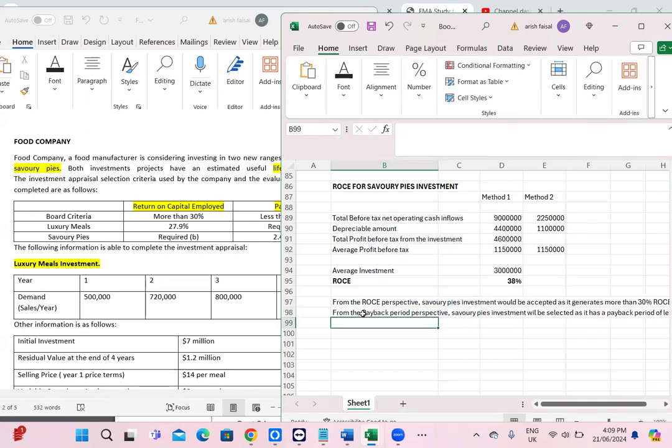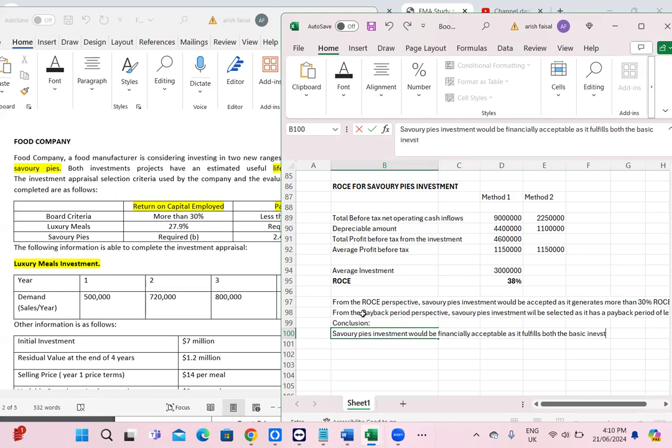Okay, and you can give a conclusion that the savory pies investment would be financially acceptable as it fulfills both the basic investment appraisal criteria. Okay.